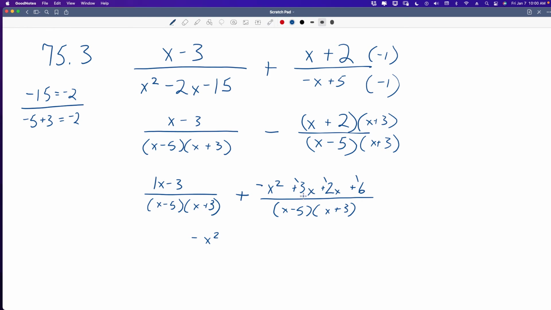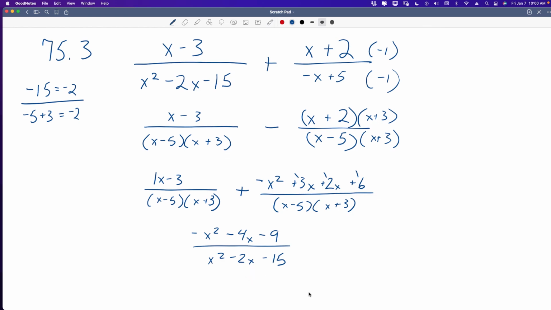So that's going to be negative 2, negative 2. That's going to be negative 4x and negative 9, all over x minus 5. Actually, let's just do this. x squared minus 2x minus 15.